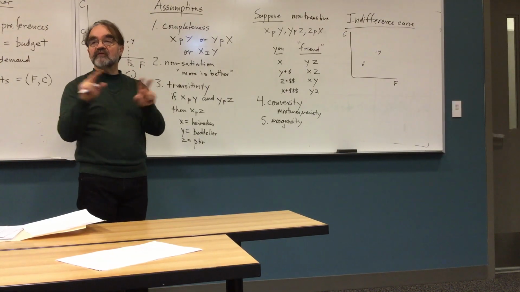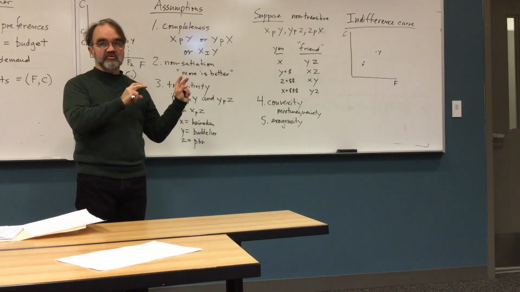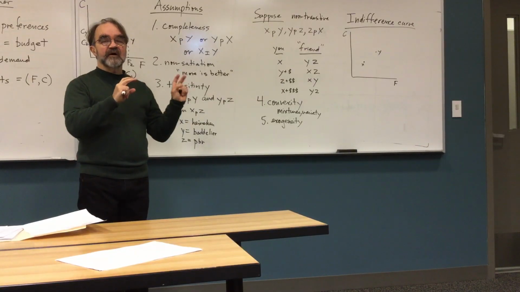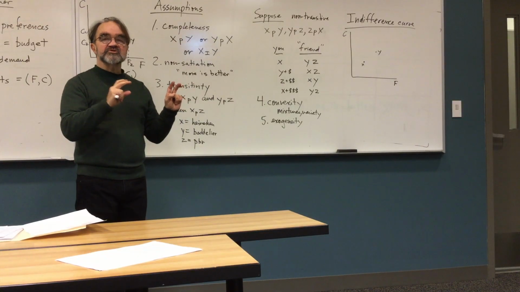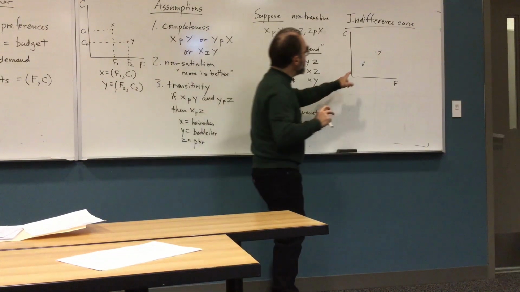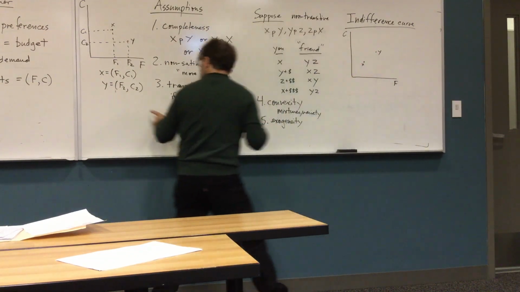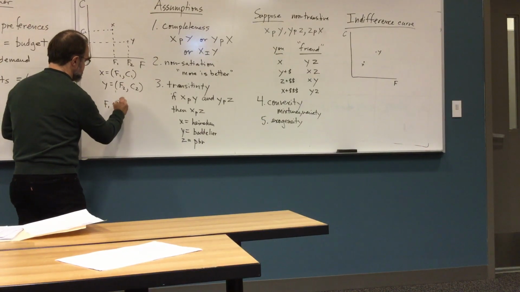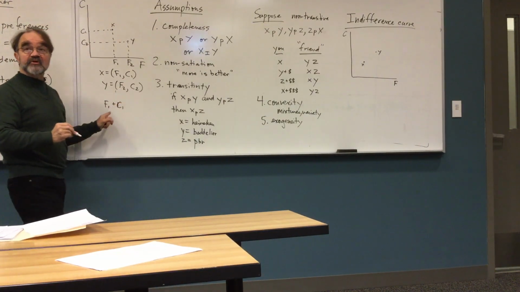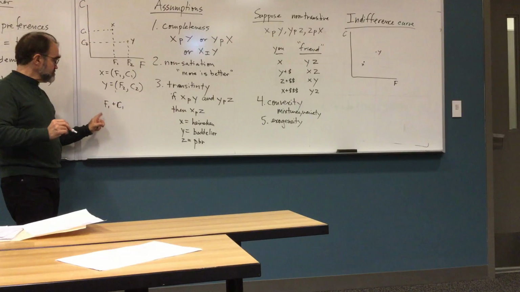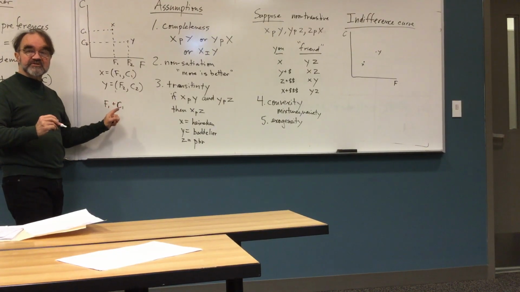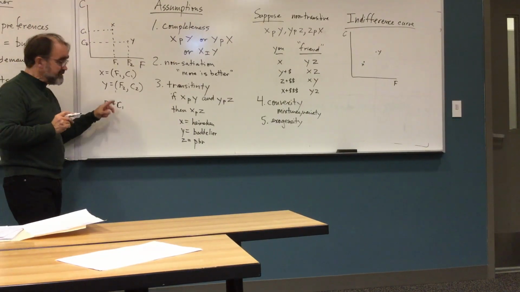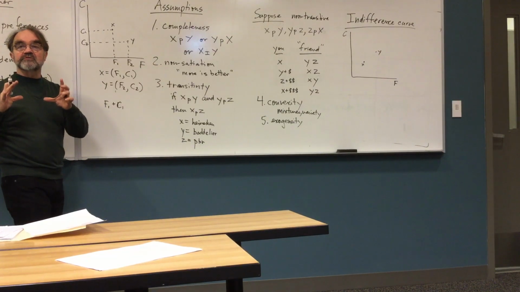Okay, so far we don't have any income here, so this is just about preferences. And so we don't want, once again, to do that comparison. Remember, I erased it here where I wrote F1 plus C1 and compared that to F2 plus C2. So I think you're on the right track, but it's not the total amount.